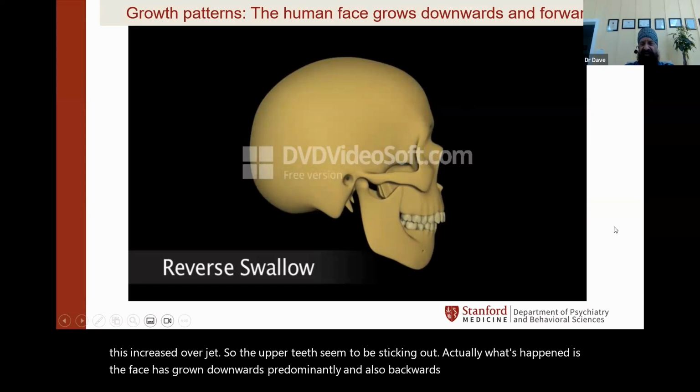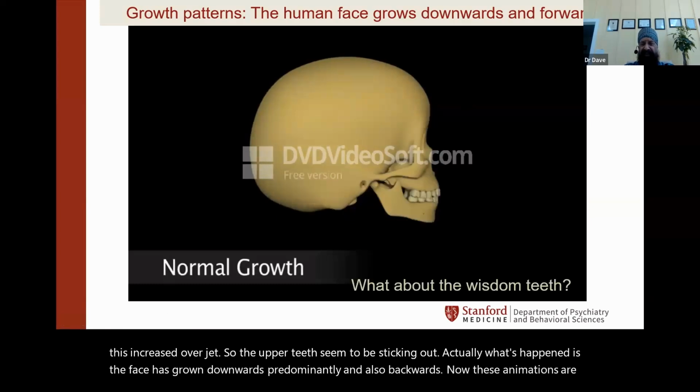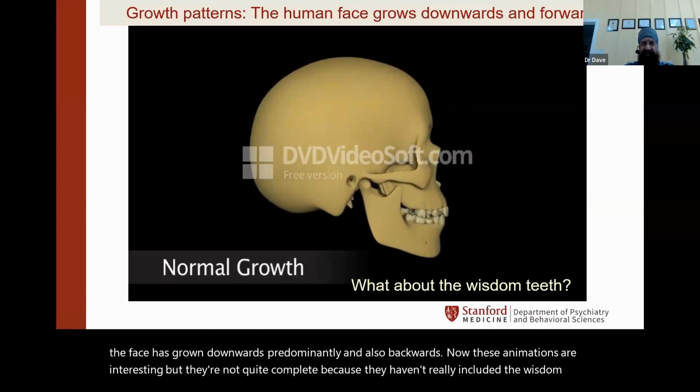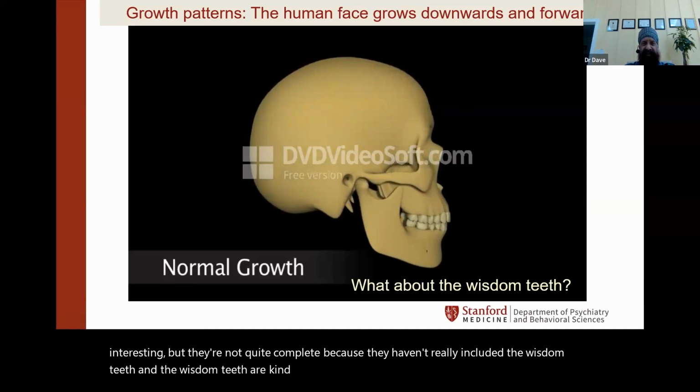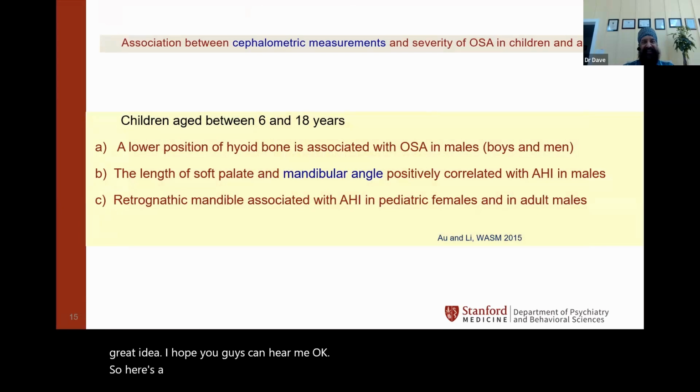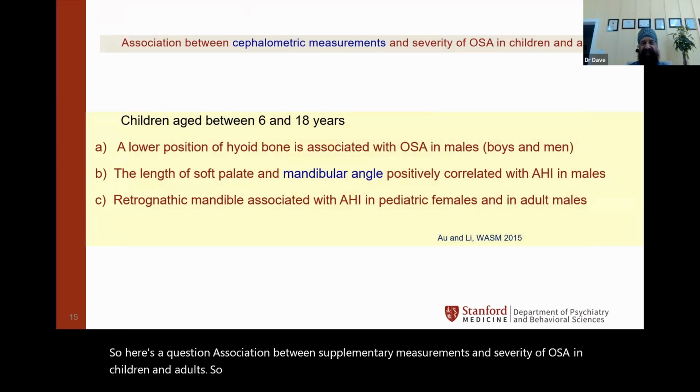Now, these animations are interesting, but they're not quite complete because they haven't really included the wisdom teeth. And the wisdom teeth are important, in my opinion, because they are closest to the pharyngeal airway. So here's a question: the association between cephalometric measurements and severity of OSA in children and adults. A cephalometric radiograph is a lateral radiograph taken with positioning.